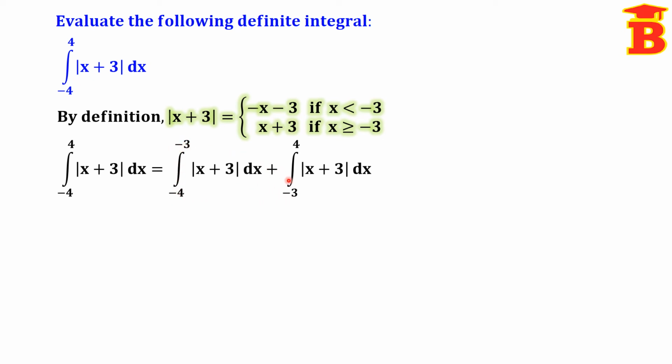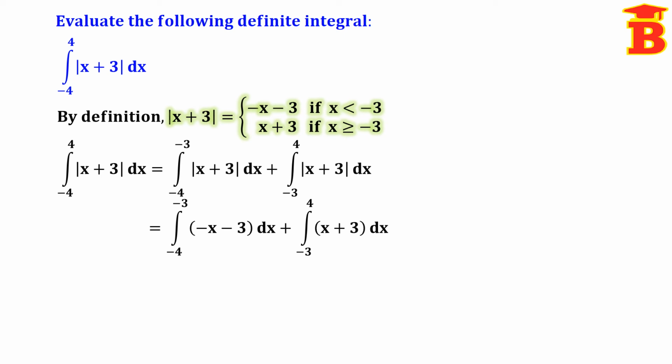In the first limit, minus 4 to minus 3, this is less than minus 3, so the mod value is minus x minus 3. So for this first interval, we write minus x minus 3. In the second interval, minus 3 to 4, this is greater than minus 3, so the mod value is x plus 3. So in this second interval, we write x plus 3.